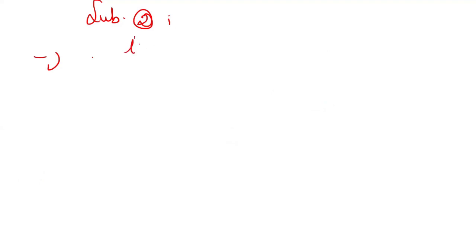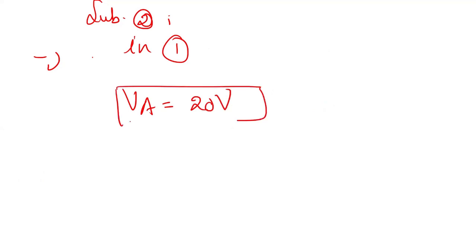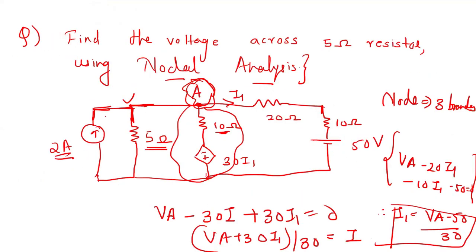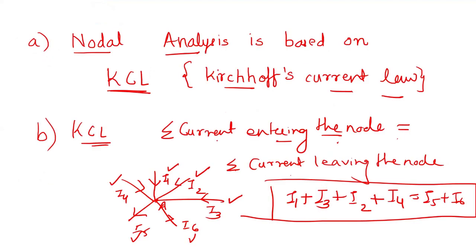If you substitute 2 in 1, finally you will get VA as 20 volts. And this VA is nothing else than the voltage across the 5 ohm resistance. So this is about nodal analysis. Okay, so please make a note. Thank you.